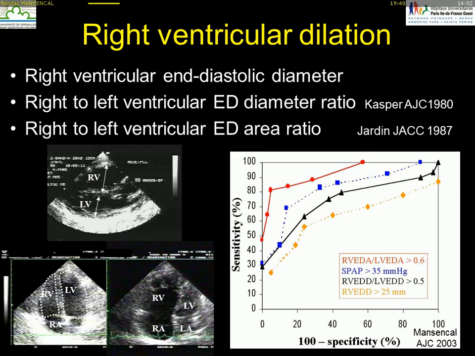In a previous work, we demonstrated that the most accurate echocardiographic parameter to define the obstruction of the pulmonary arteries was the right to left ventricular area ratio, with a cutoff value of 0.6. This measurement may be performed like that in apical four-chamber view, and the diameters in parasternal long axis view.